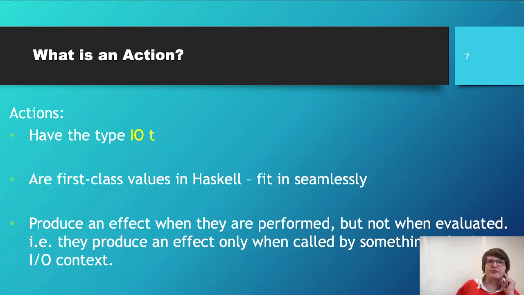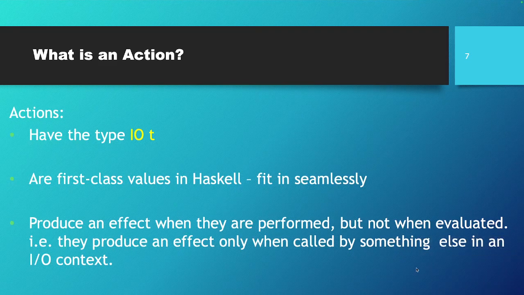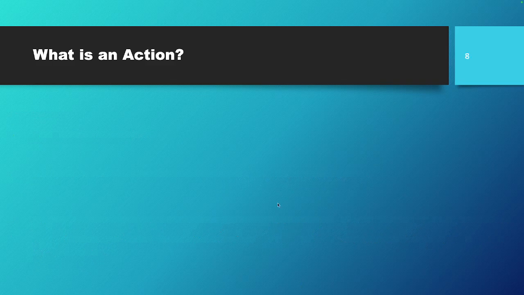They produce an effect when they are performed, but not when evaluated. So it's a bit like the static and the dynamic type in Java. There's a difference there. They'll produce an effect only when called by something else in the I/O context. So what do we mean by that?